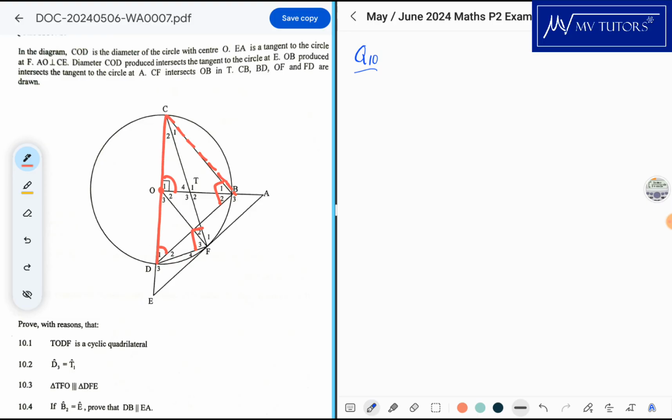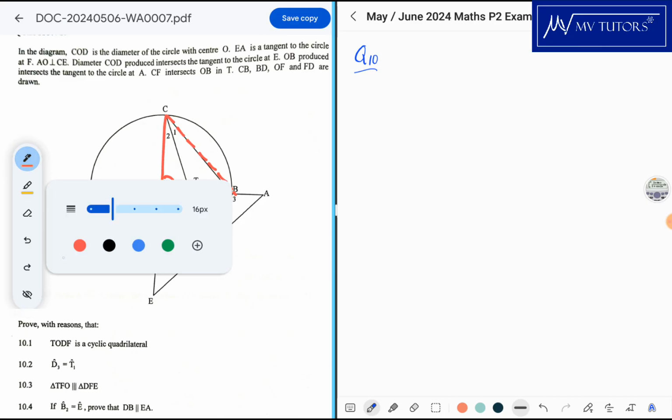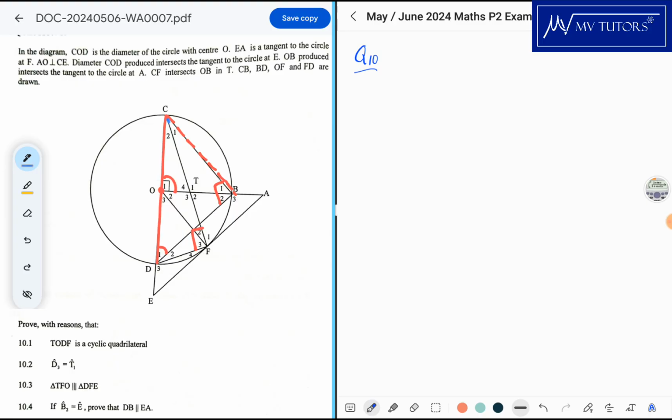EA is a tangent to the circle at F. If we have a tangent, you're going to look for a triangle. There we go. So we can use the tan chord theorem. I know that F4 is equal to C2. Is there any other triangle? Not that I can see.